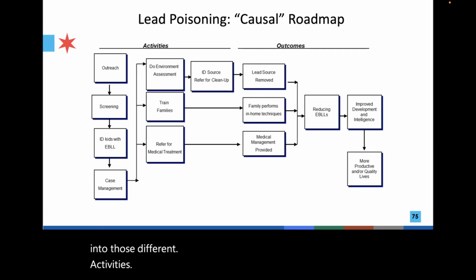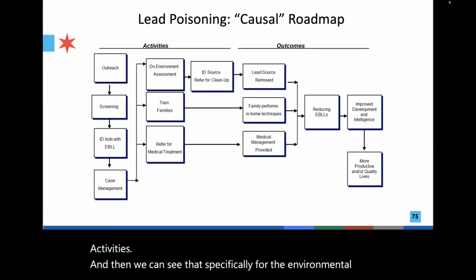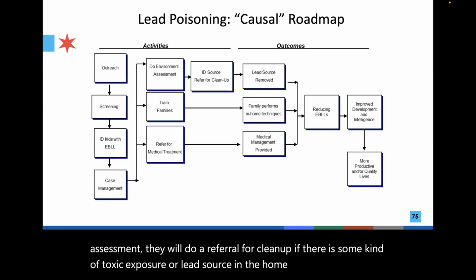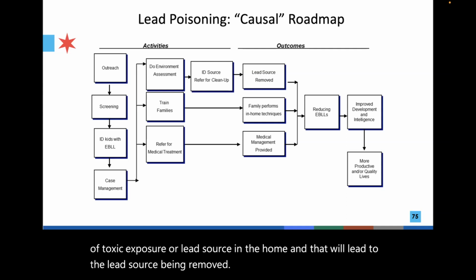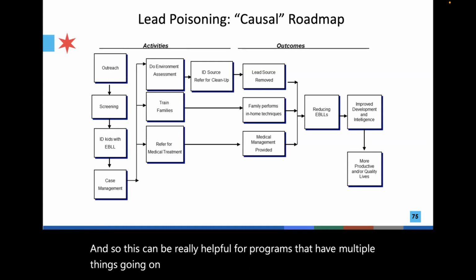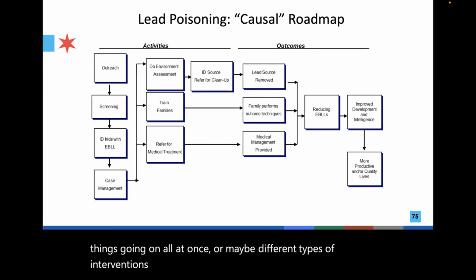And then we have that going into those different activities. And we can see that specifically for the environmental assessment, they will do a referral for cleanup if there's some kind of toxic exposure or lead source in the home, and that will lead to the lead source being removed. This can be really helpful for programs that have multiple things going on all at once, or different types of interventions depending on the client or depending on certain criteria.